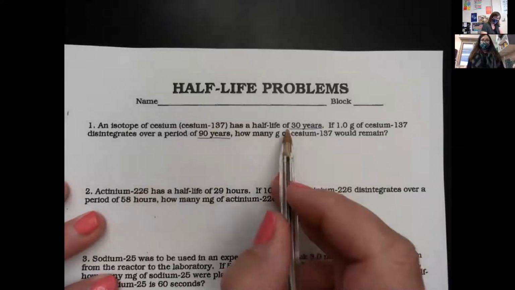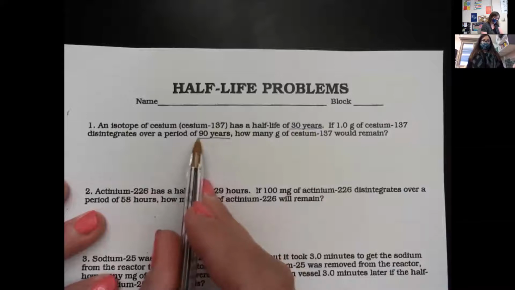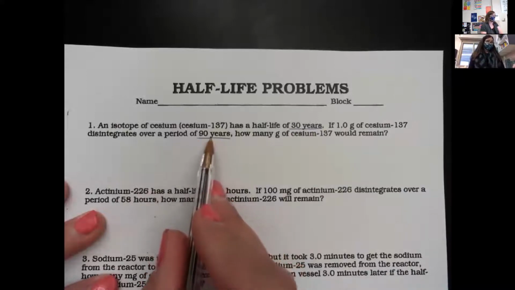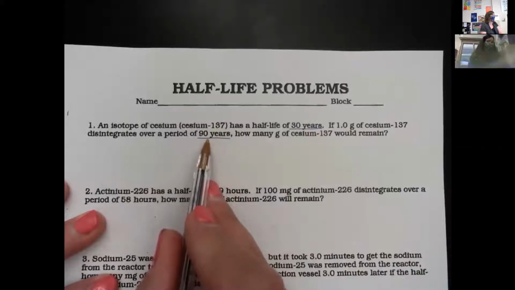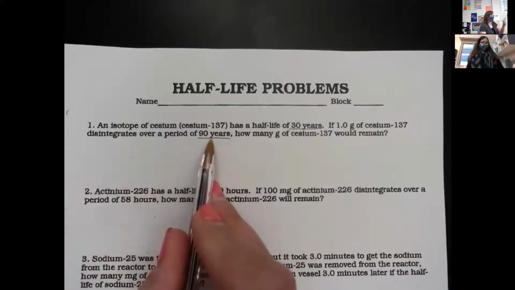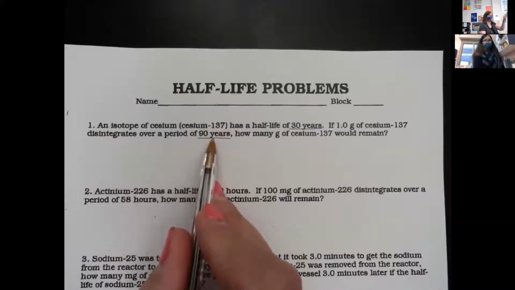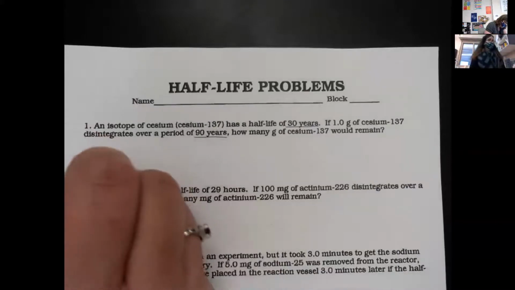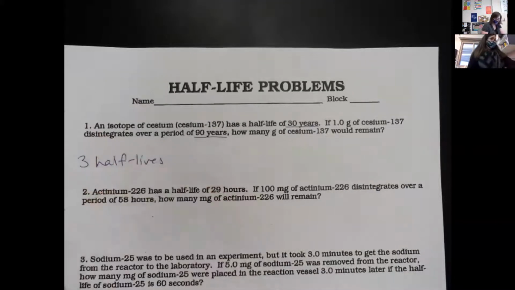It tells us the half-life is 30 years and wants to know how much is left after 90 years. So how many half-lives happen in 90 years? 3, right? Because 30 years is 1 half-life, 60 years is the second half-life, 90 years is the third half-life. So there's going to be 3 half-lives, and that's the information we use to solve the problem.